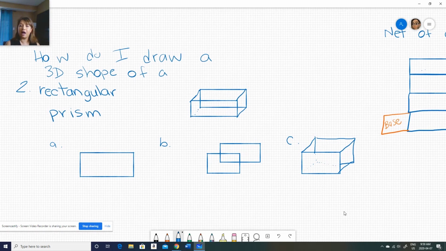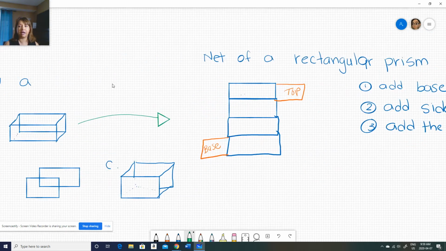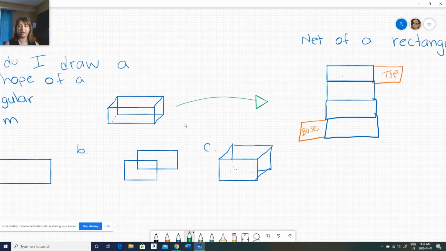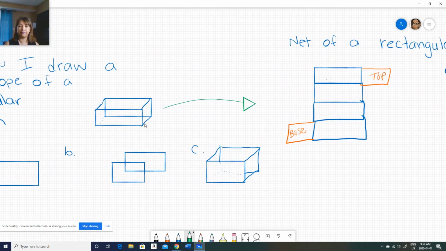How do I make this shape here into a net? Well, that was my next question for you guys because some of you did not have that piece. So this is what I do. I add the base. My base is rectangular.